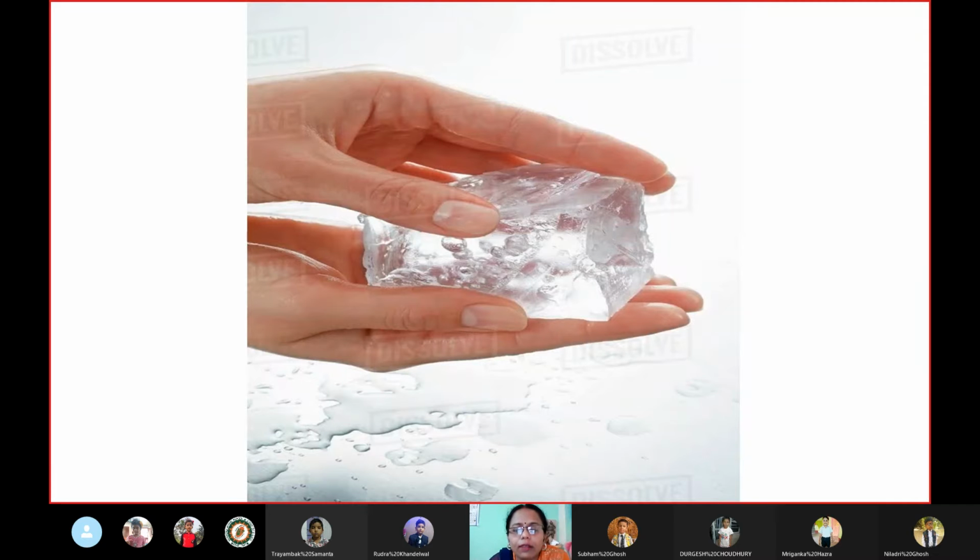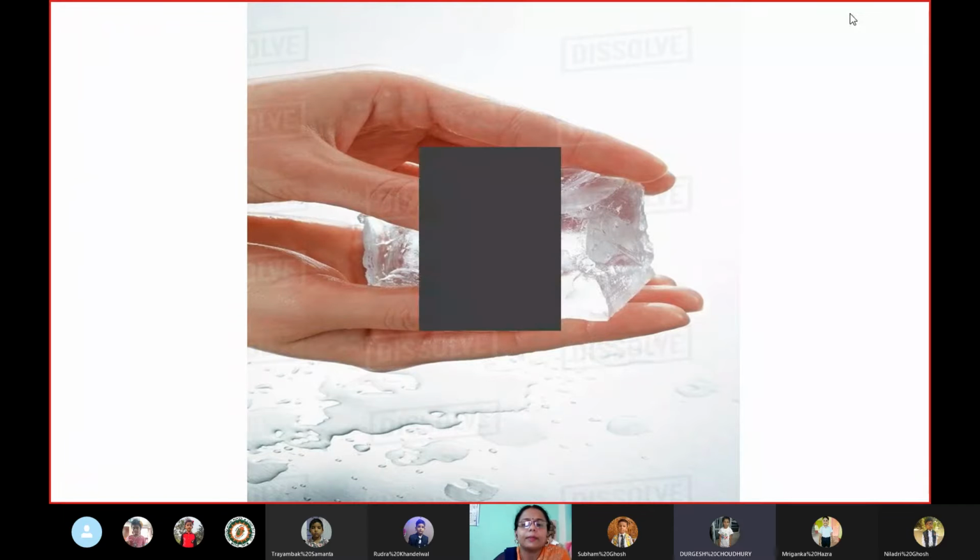Skin. Very good. The skin helps us understand that the thing is hot or cold. Yes. So let's go for the next one.